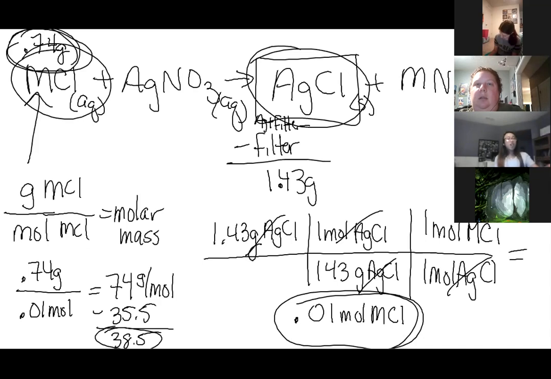I have a question. Could you work through the empirical formula question in the back of our packets? It's the second number 4.